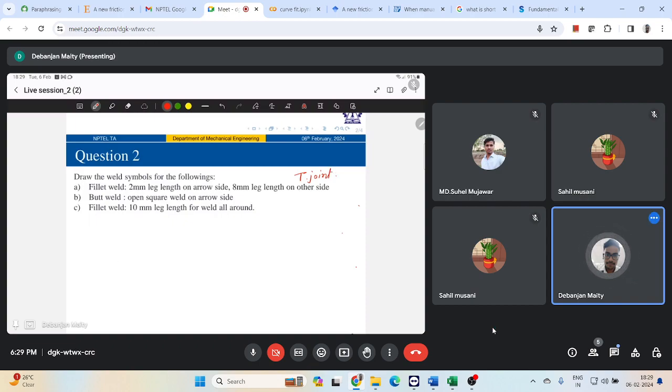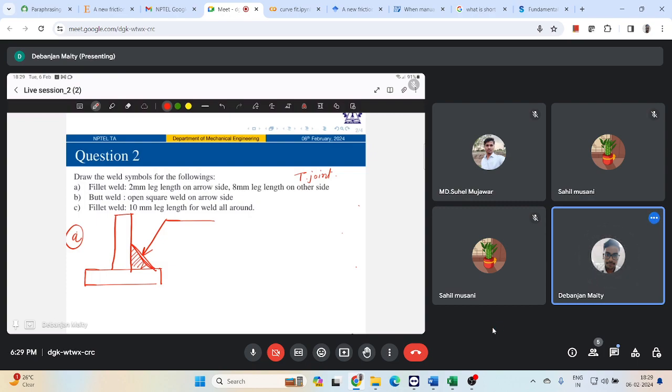So if this is a T joint, this is my T joint, where I have, let's say, fillet over this location, and this is where I have provided this arrow.